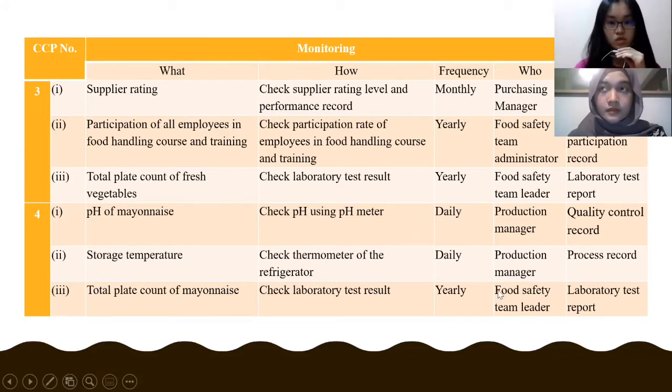The production manager will also check the storage temperature of the mayonnaise by checking the thermometer of the refrigerator. This will be done daily, and the record will be kept in the process record. The food safety team leader will monitor the total plate count of mayonnaise by checking the laboratory test result every year and keep the record in the laboratory test report.